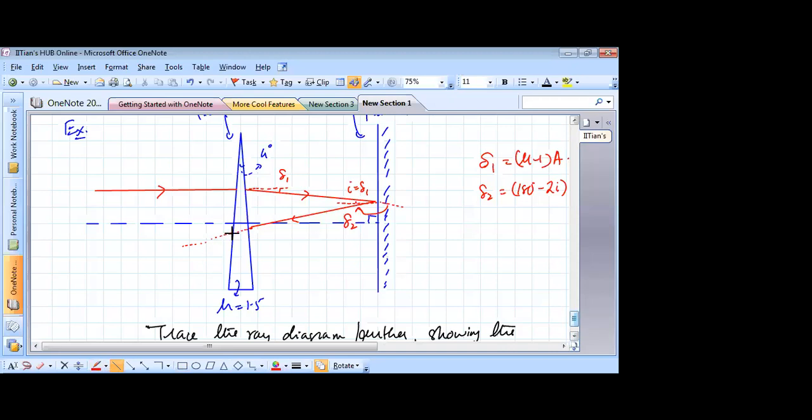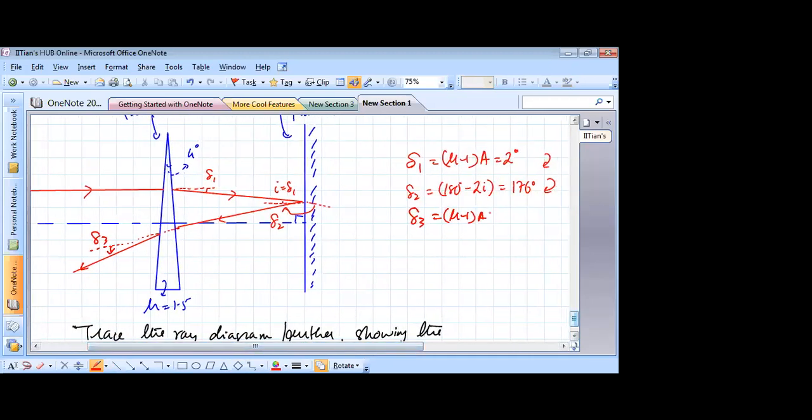It will suffer deviation like this, an anti-clockwise deviation. A 2-degree deviation, but that will be anti-clockwise.